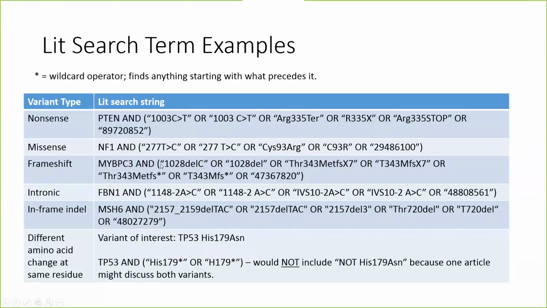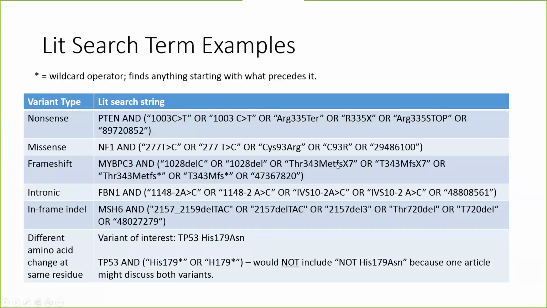For a frame shift, this is where it gets a little fun. For this MYBPC3 variant, let's say it's a deletion of a C residue. Some publications might include the C, some might leave it out. For the resulting protein change, some might include the whole frame shift, that then there's a truncation after 7 residues.